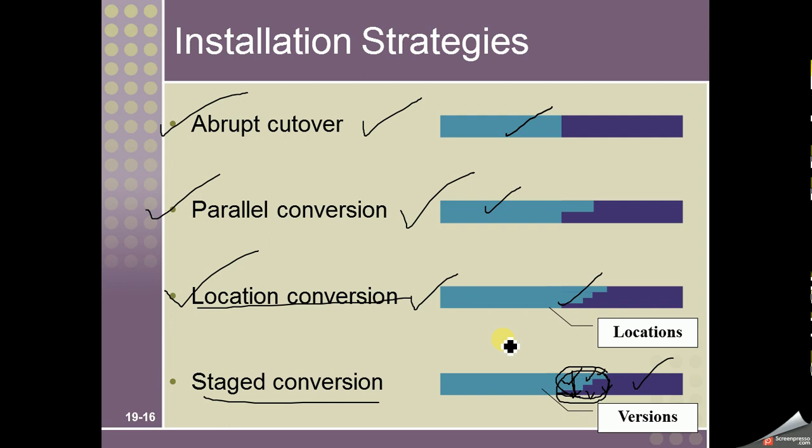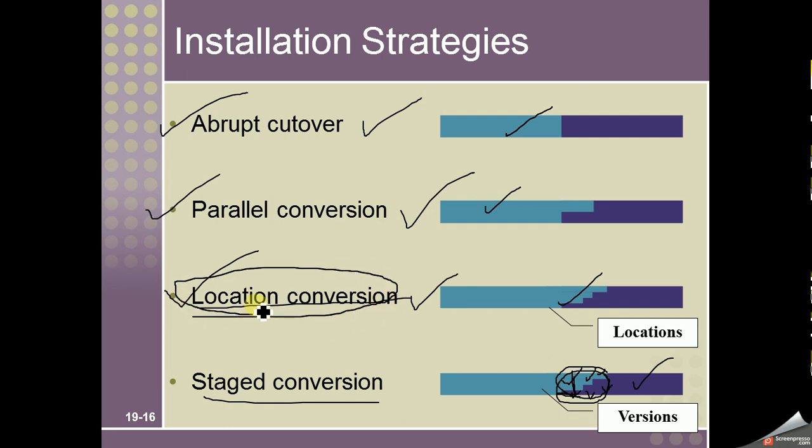So from the practical perspective, of course, you need to consider the type of the organization, the types of the users, the distribution of the organization. Let's say if we have all the system in one place, we cannot use location conversion.